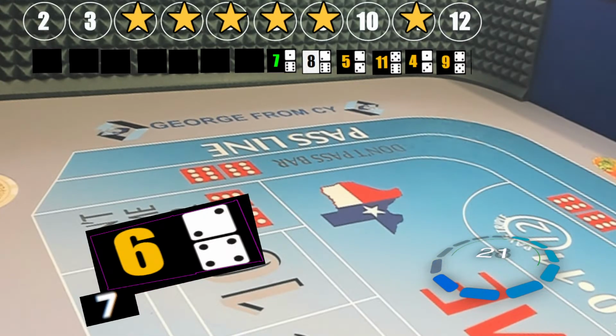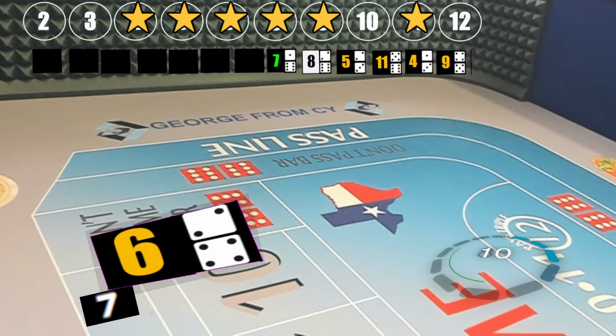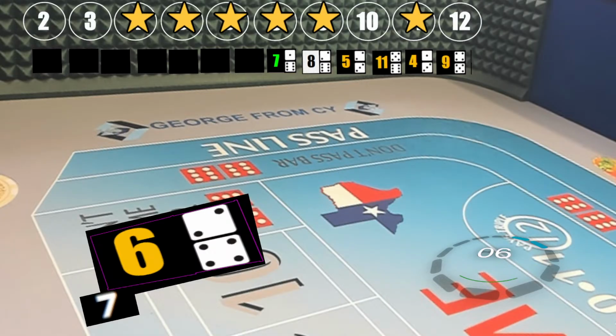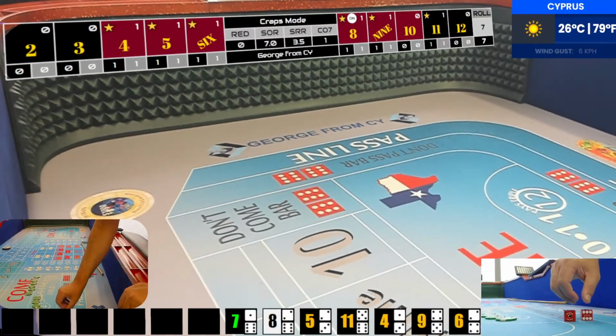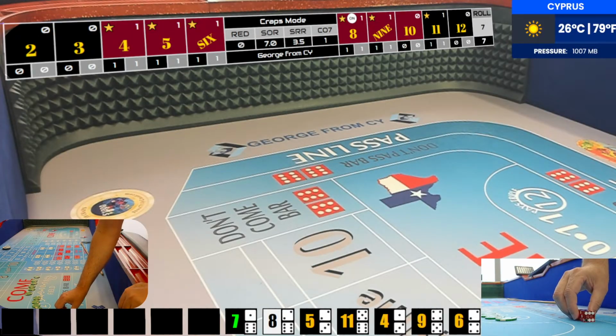I'll press again. Then it goes 5, 4, 5, 6. We're here. Rotate, rotate, 5, 4, 5, 6.